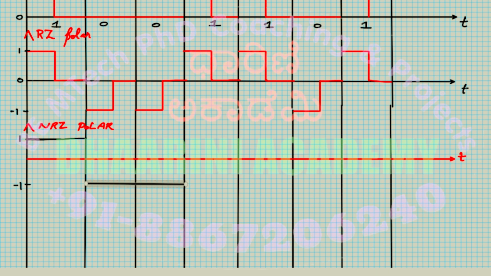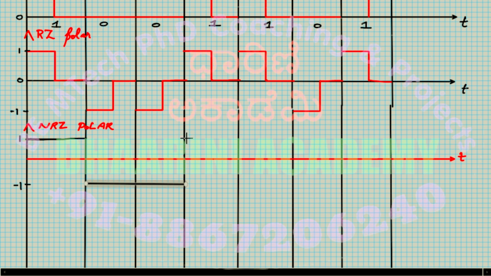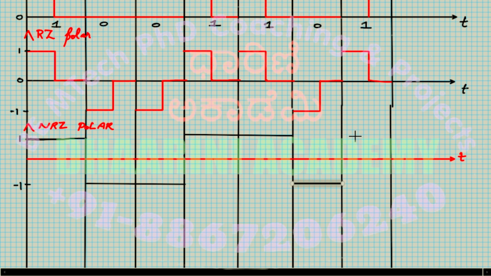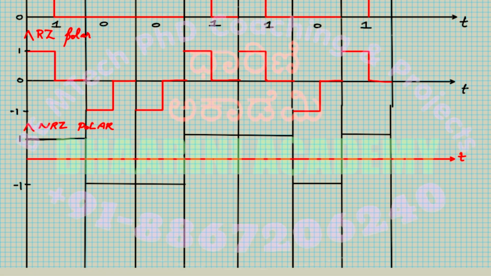Then I have 1, so that means I need to send like this. Then I have a 0, so this is my waveform, and then I have 1. Okay, that's all, very straightforward, right? That is NRZ polar.